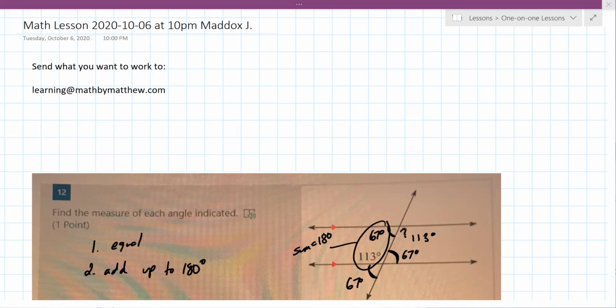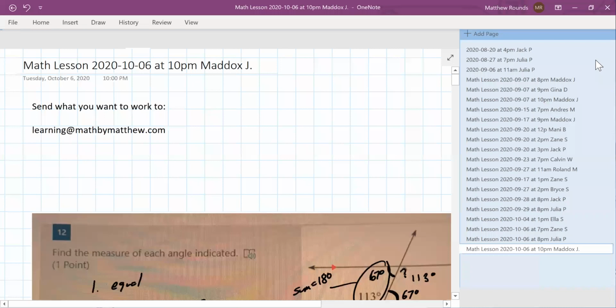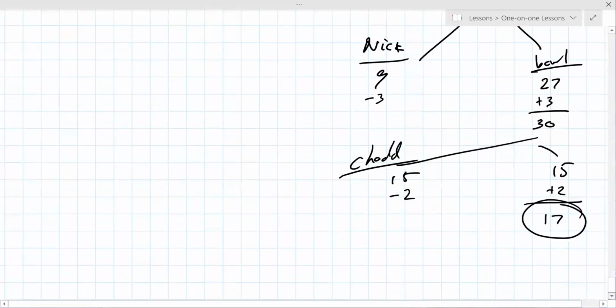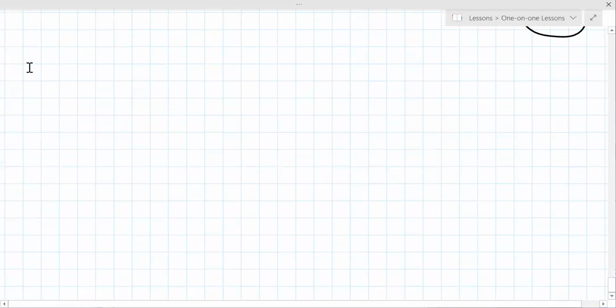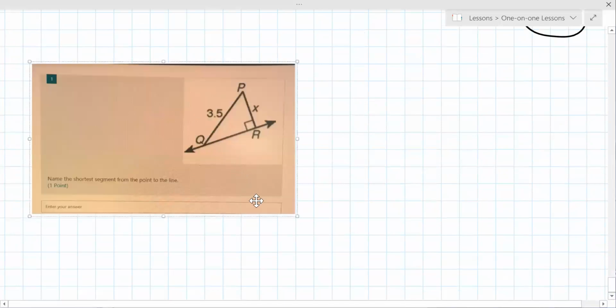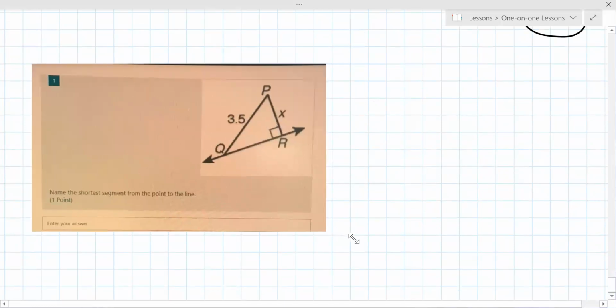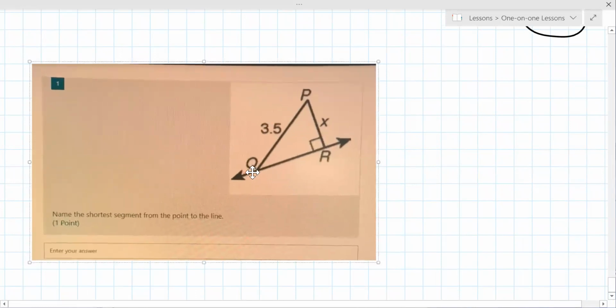Okay. All right. I see you sent some new problems here. I'm going to snip in number 1 and we'll see how we can do. Okay. Name the shortest segment from the point to the line.